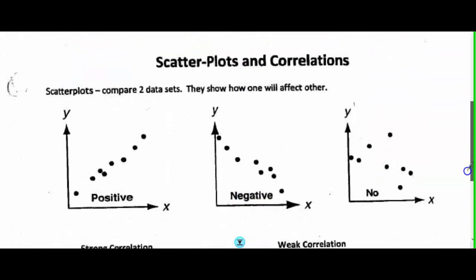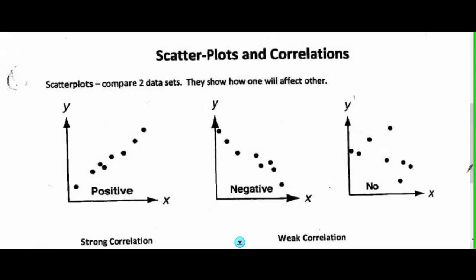The next section talks about correlations. And you can make a correlation when you see scatter plots. Now, scatter plots compare two different sets of data, and they show how one affects another. This scatter plot has points that rise.